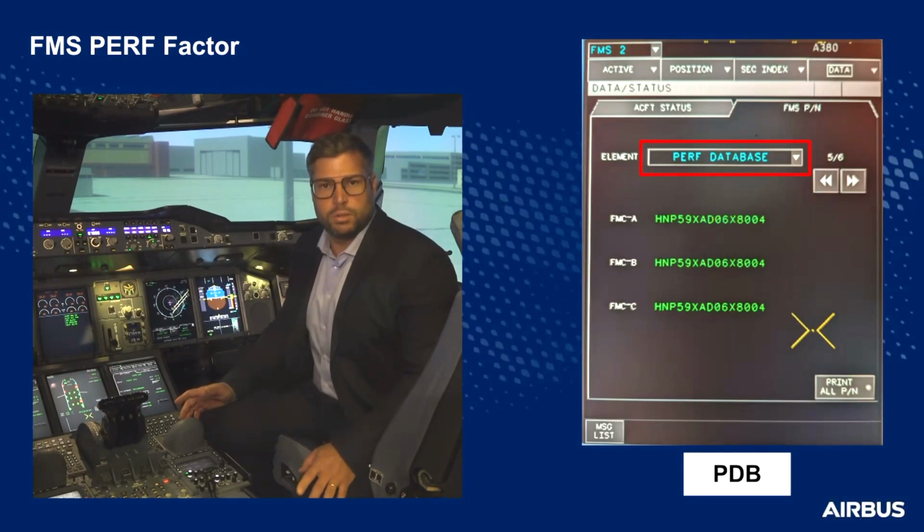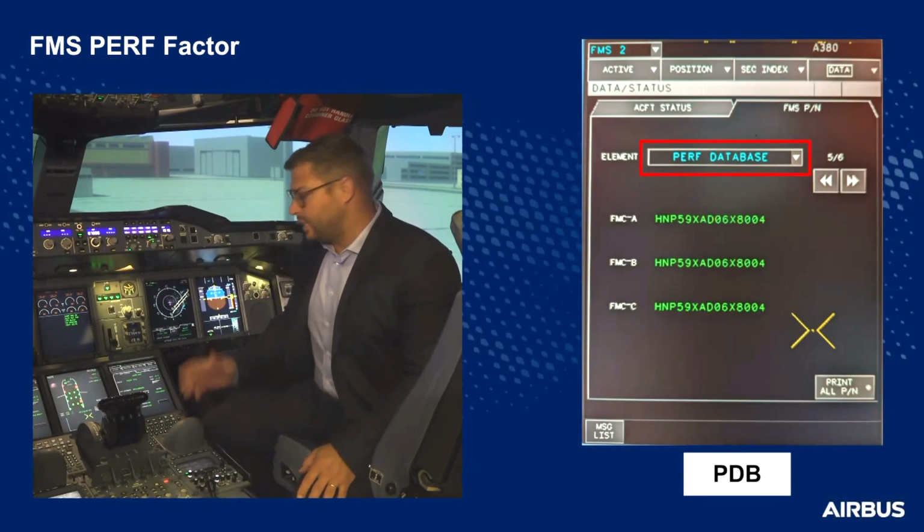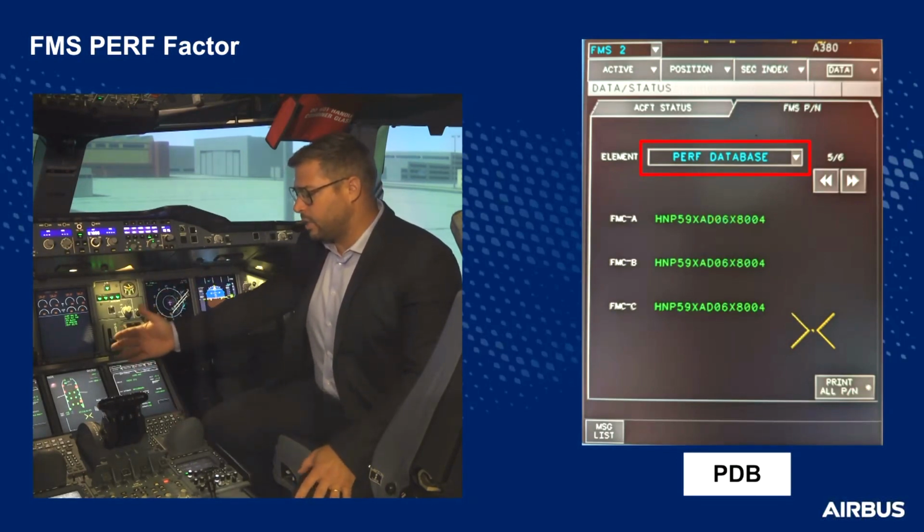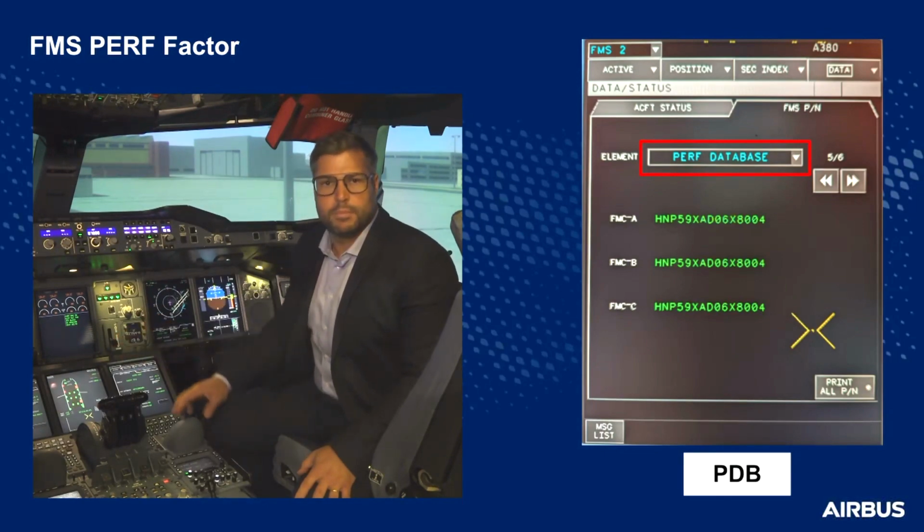The PERF factor is about the fuel predictions of the FMS. The predictions of the FMS are computed by a dedicated performance database, the so-called PDB, that is embedded on board, integrated in the FMS.